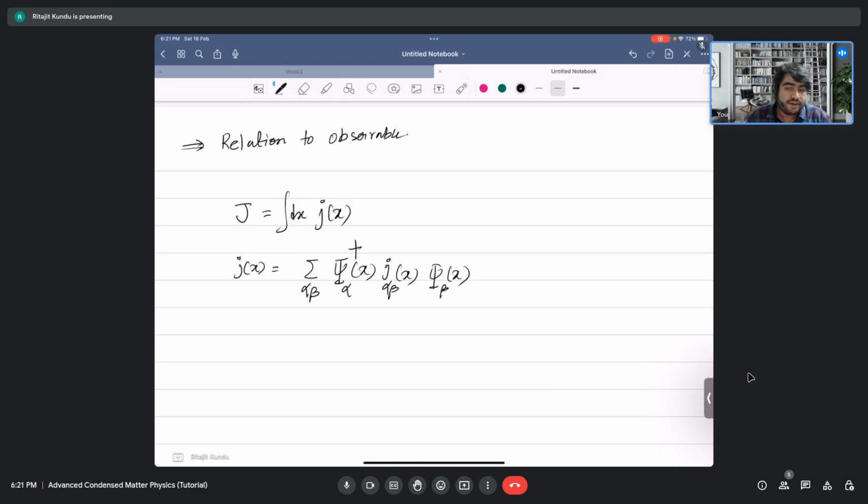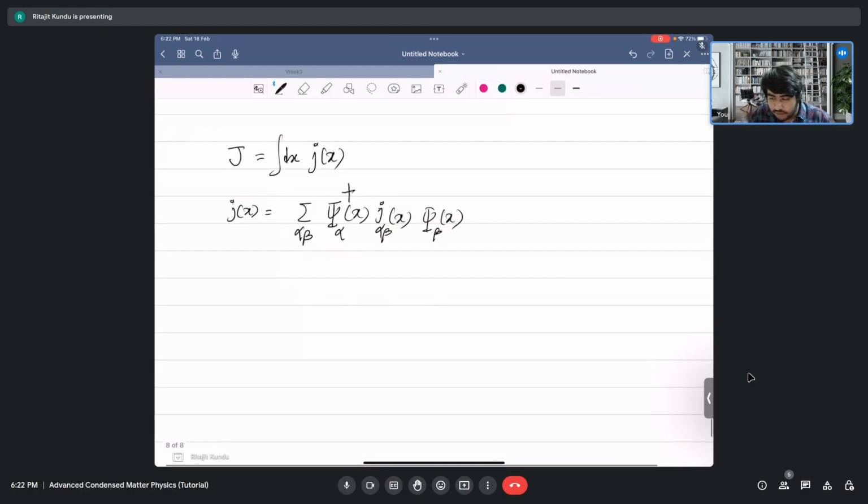Psi alpha and beta are field operators, and alpha and beta are some quantum numbers. They can be any quantum number. This is the structure of a single particle operator, and what I want to calculate is the expectation value of this density. I'll just take the expectation value on the right hand side as well.